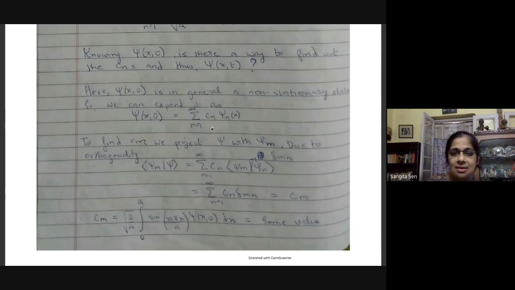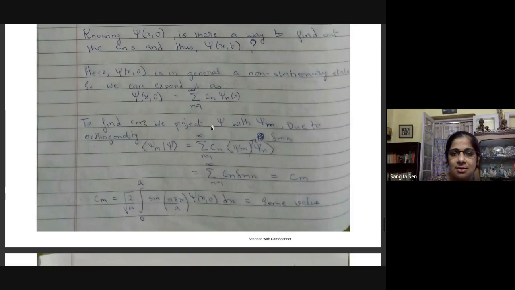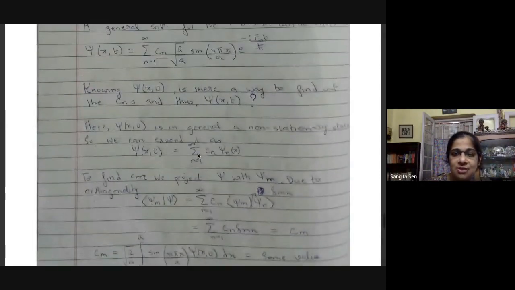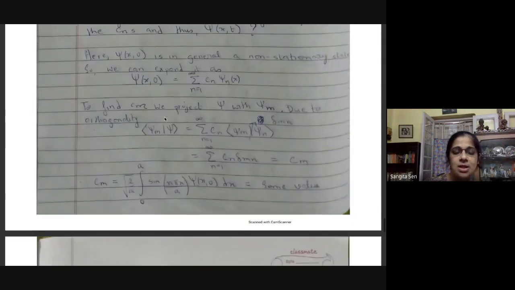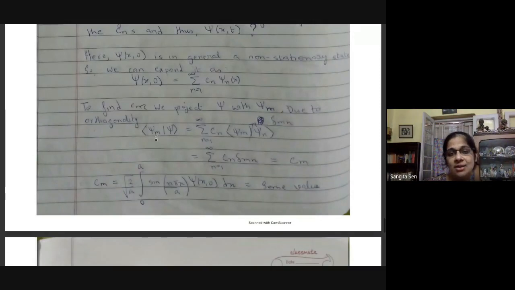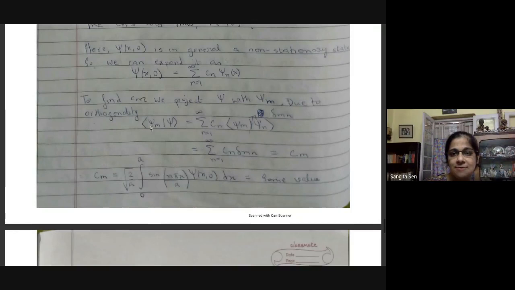So I know this function, and then this can also be written as a superposition state of the various eigenstates. To find out any one of the Cm's for this x,t, you simply project psi with this function.